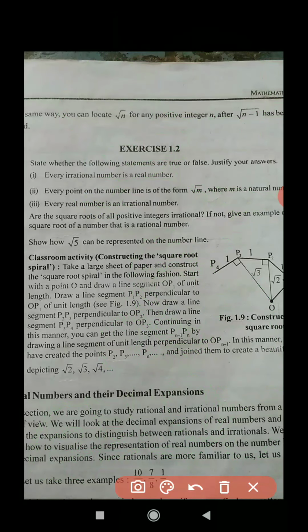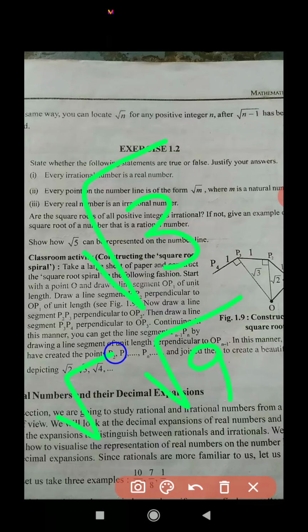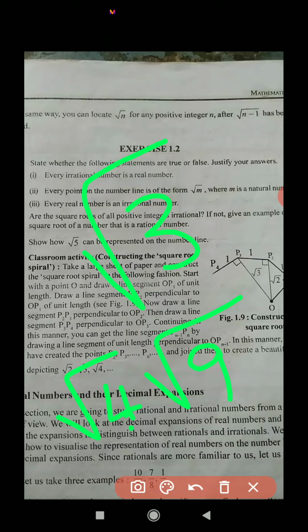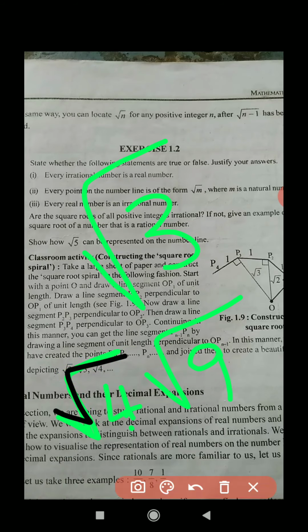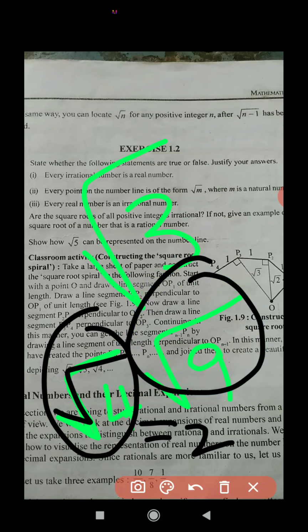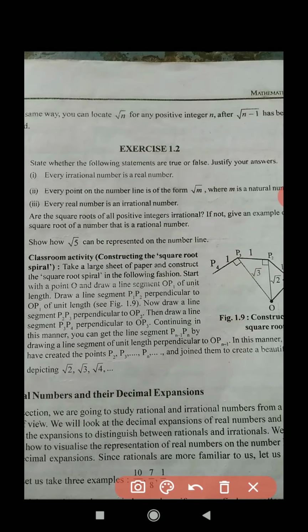So not every positive integer under the root gives an irrational number. For example, root 9, root 4, root 16. These numbers are positive integers under the root, but I can't say it is an irrational number, because after simplifying I am going to get 2, 3.